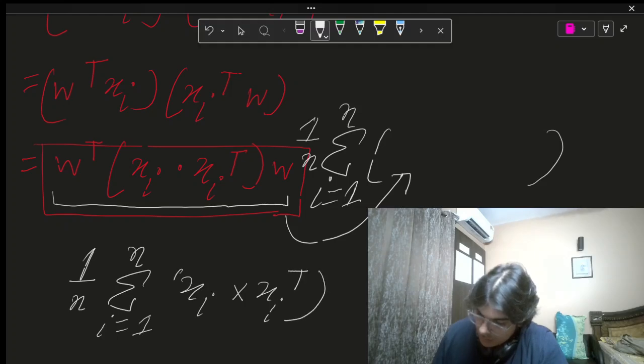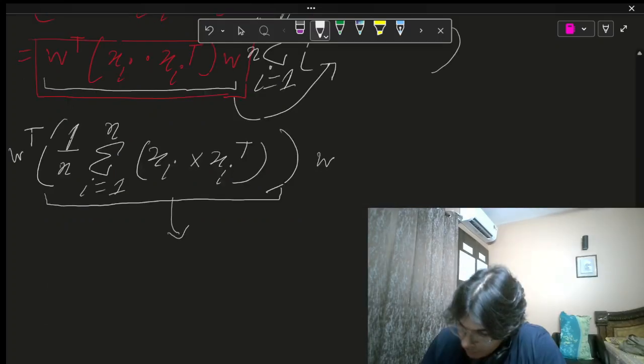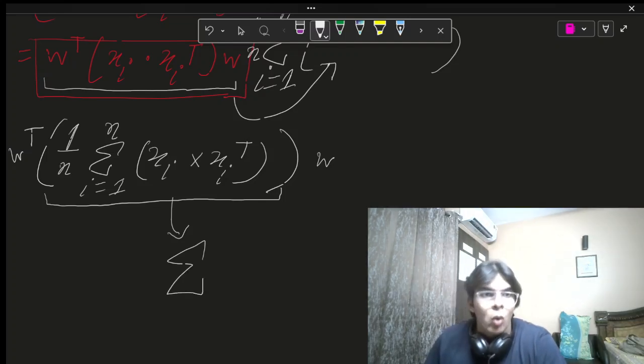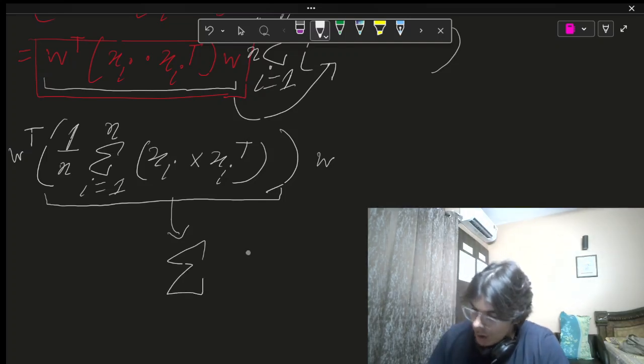Got this bracket right here, and another bracket right here. Here I can write w, and here we can write this sigma, which is nothing but the symbol for the covariance matrix that we declared above. So we can get this final result.